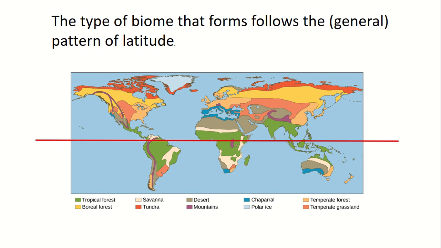So, I told you at the very start, if I was to follow my red line here, there are some slight alterations to the pattern, but in general, if I was to follow this line of latitude across the Earth, I would find tropical forest most places that I've visited. And that's because the biome, the types of plant animals that live there, are impacted by the climate.